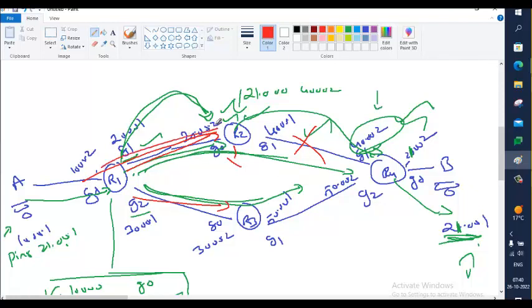All the packets that went this way will be getting dropped. Only these packets will be succeeding. You see? Again, static route is always a big loss for us.